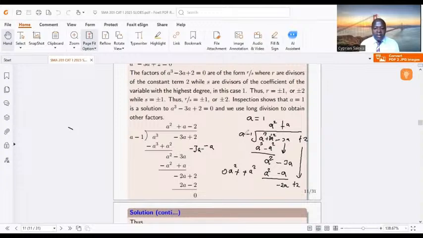Ask myself, how many times does A go into negative 2A? It will go negative 2 times. Negative 2 times this would be negative 2A, and then negative 2 times that would be positive 2. And subtract the bottom equation from the upper equation to get it.